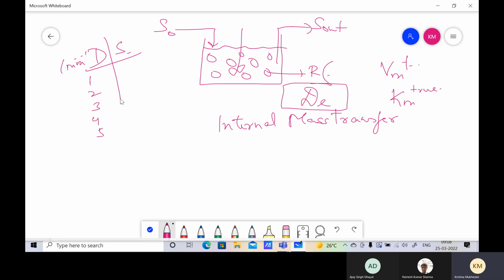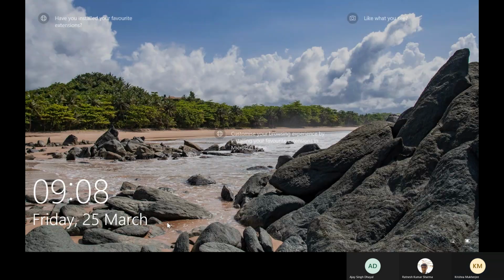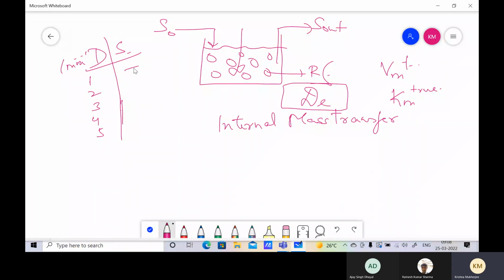Let us say that we have this. And let us have some data here. And let us have some first S naught. Let us put some numbers: 50 millimolar input. Let us call this 50 millimolar, and we get output S out.